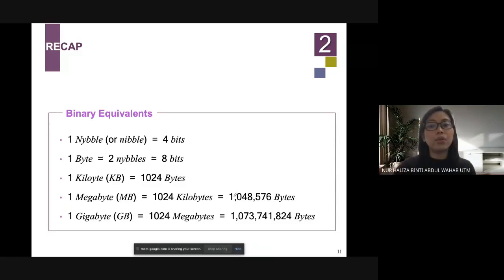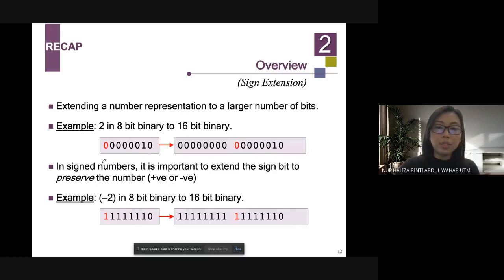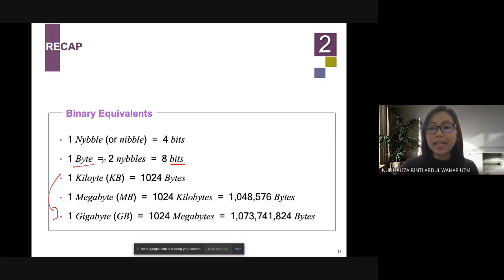You already looked into this: what is a nibble, what is a byte, converting bytes to bits. I guess this is already in your digital logic subject also, and the rest in your mathematical subjects. Everything's already there, so please make sure you remember. I guess it's easy for you also because you have the technology. You can just convert it using your scientific calculator.